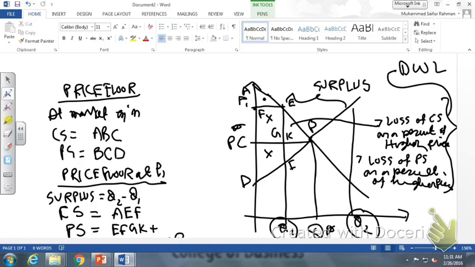As a result, there is surplus in the market, and also there is loss of economic efficiency indicated by the deadweight loss. So the price floor set above the market equilibrium price is economically inefficient as the price ceiling set below the market equilibrium price.